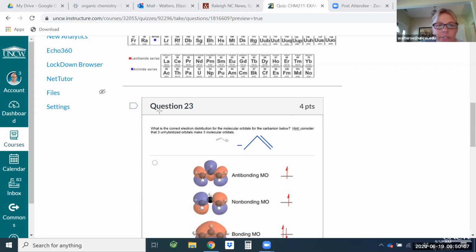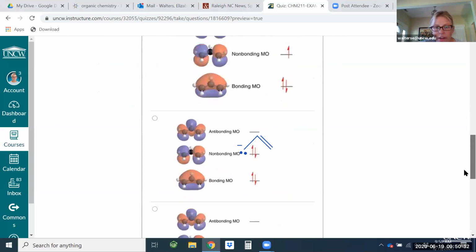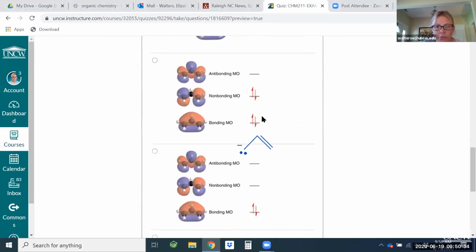So that is the resonance structure, but then what's not shown are those 2 lone pairs. So there's 2 electrons here, and there's 2 electrons in the pi bond. So you have 3 atoms stabilizing 4 electrons. Okay, 3 molecular orbitals stabilizing 4 electrons right here.